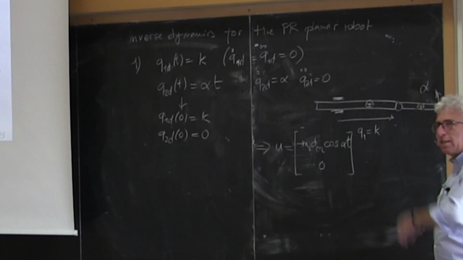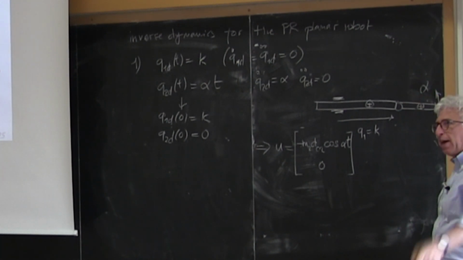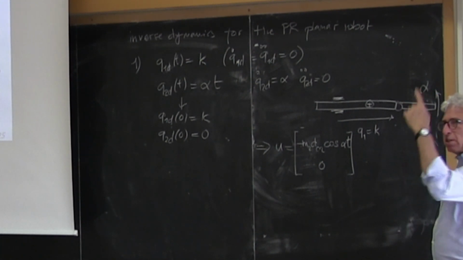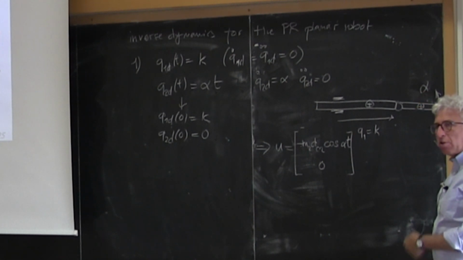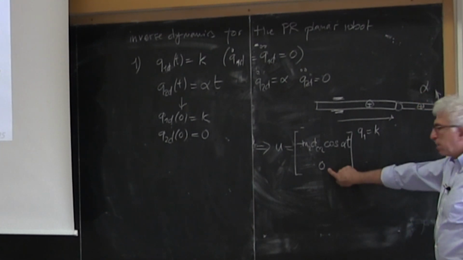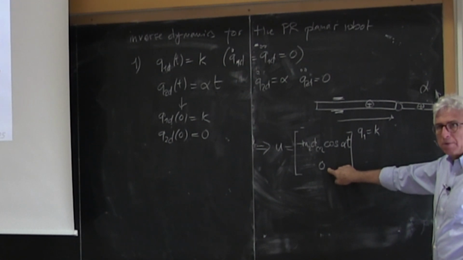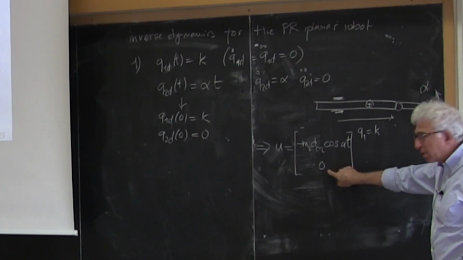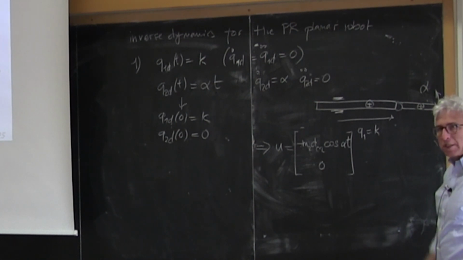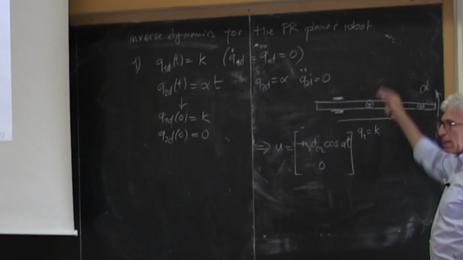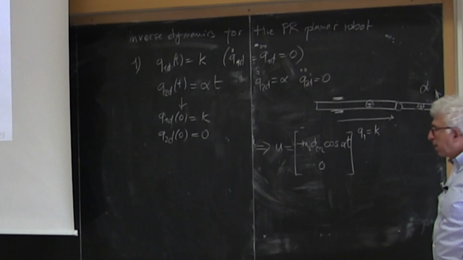The link can rotate without the need of applying torque because it will keep its uniform constant velocity, because there is no dissipative term considered. If there were friction, of course, I would need to apply a torque that compensates for this friction so that the velocity keeps at the same speed.